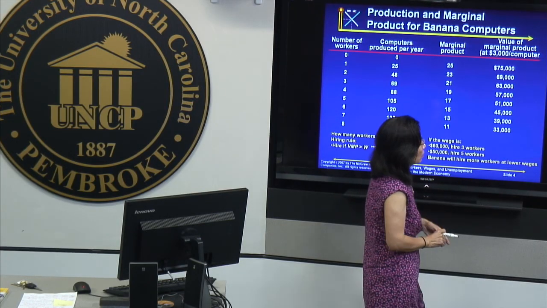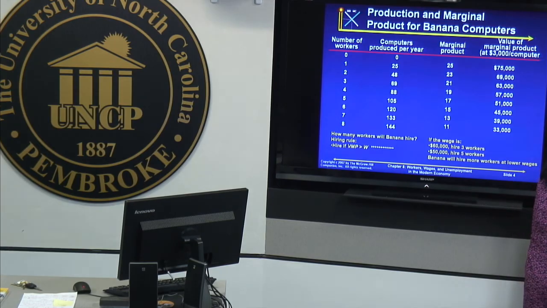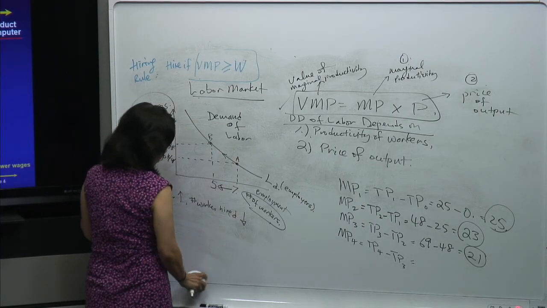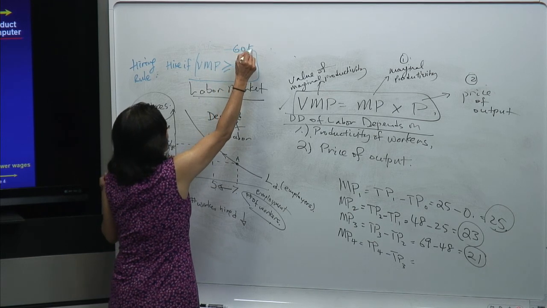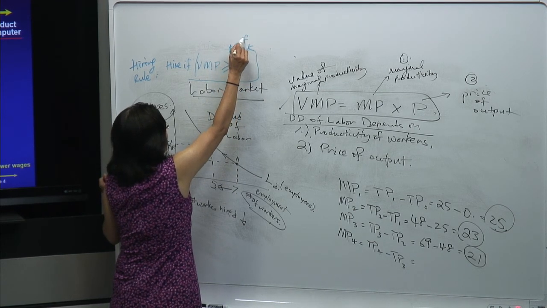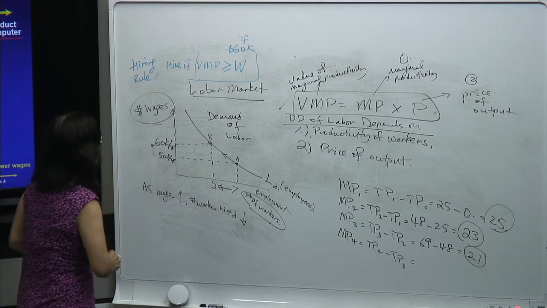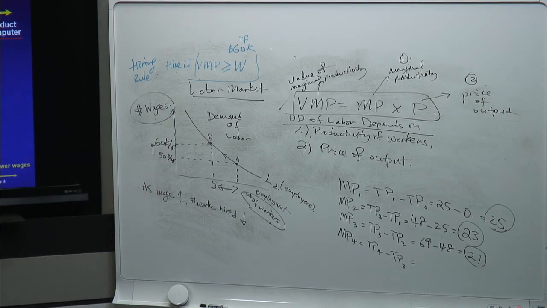The wages are on the right hand side, so this is your 60K. If it is 60K, how many would you hire? So you look at this number here. All these are above 60K, right?